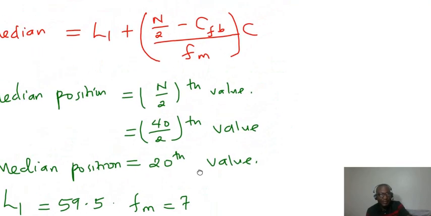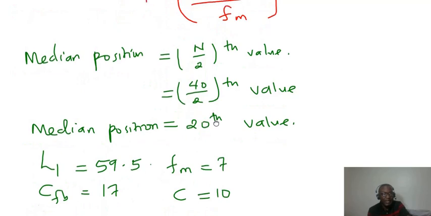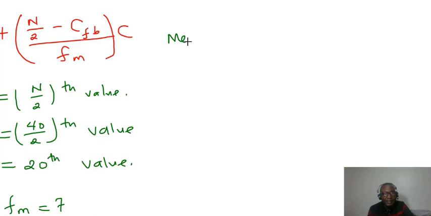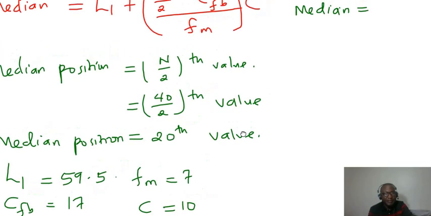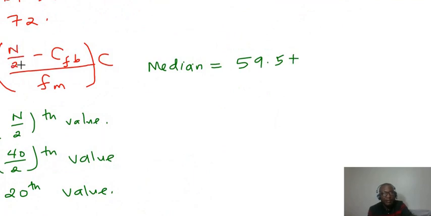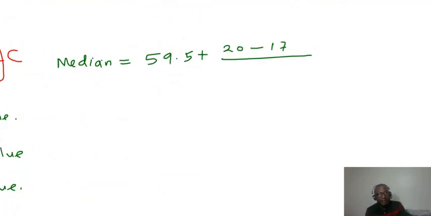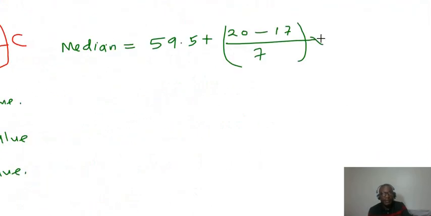So now the next thing is we are going to substitute this information into the formula. Median is now equal to L1, which is 59.5, plus N over 2, which is now 20, minus cumulative frequency before, 17, divided by the frequency of the median class, which is 7, then times the class width, which is 10.